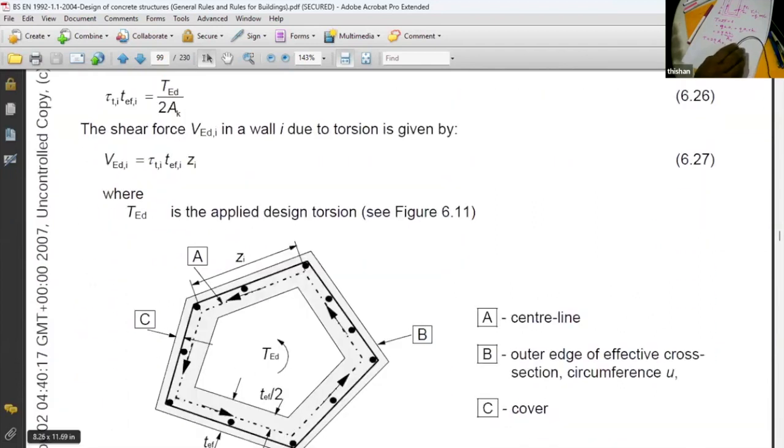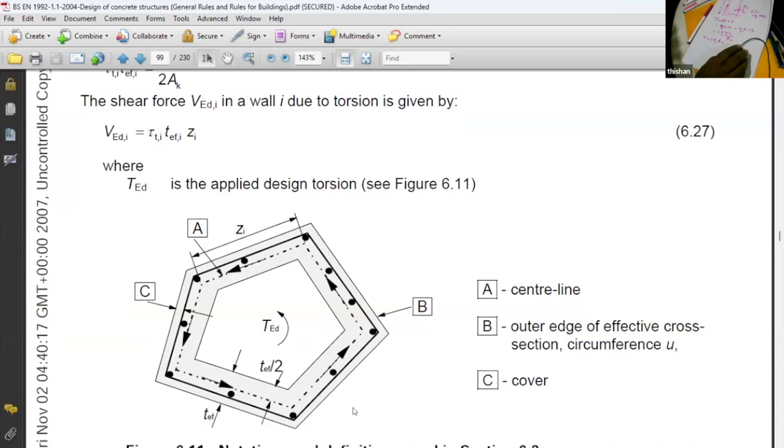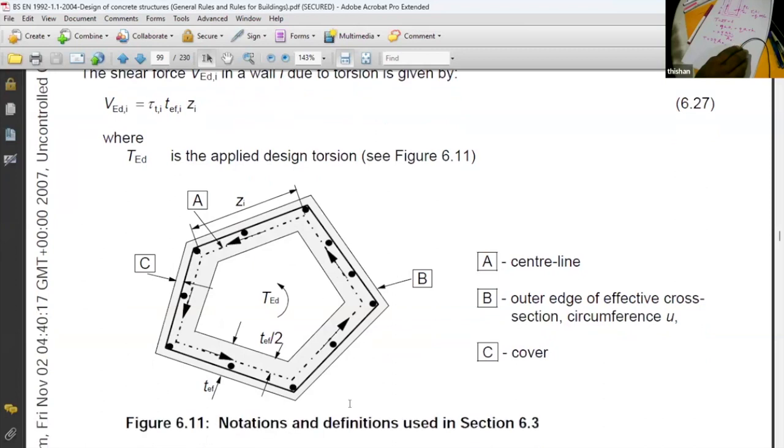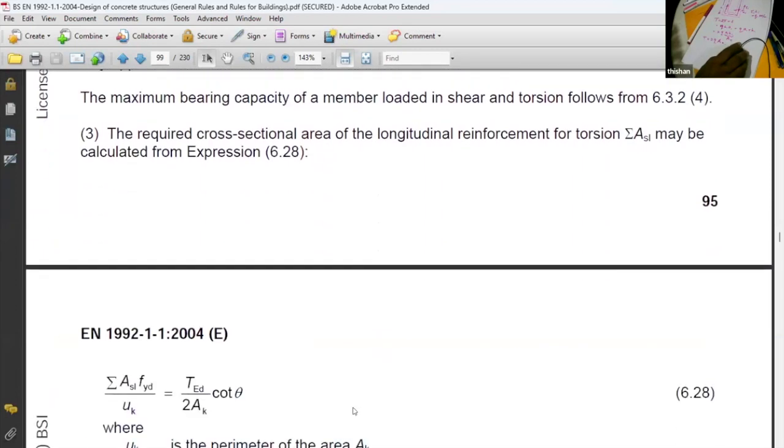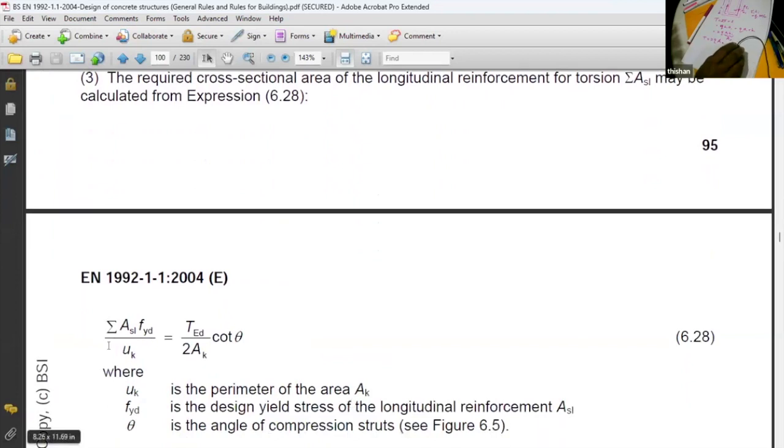Then it gives this diagram, which tells about the shear force on a wall. Then it gives this particular equation.